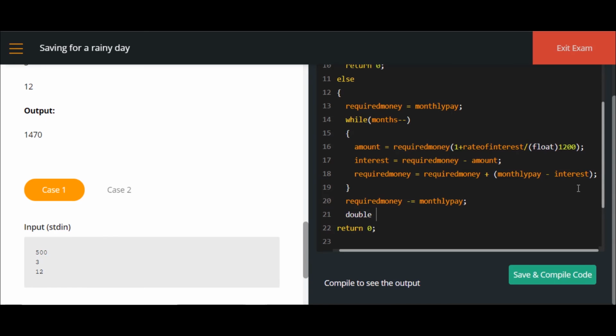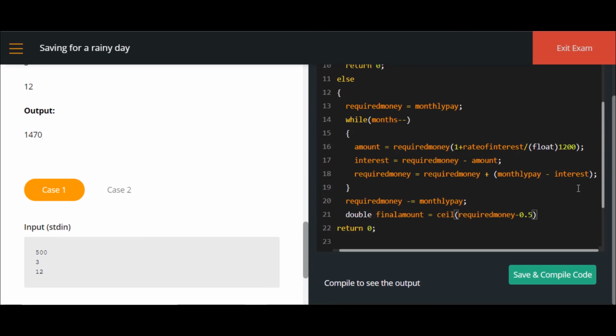Now I have to round it off to the nearest integer. So for that, I am just checking, I have initially the variable say final amount, and then I am just checking if it's integer, means decimal value is greater than 0.5 or less than 0.5. So how can we do that? So required money minus 0.5.